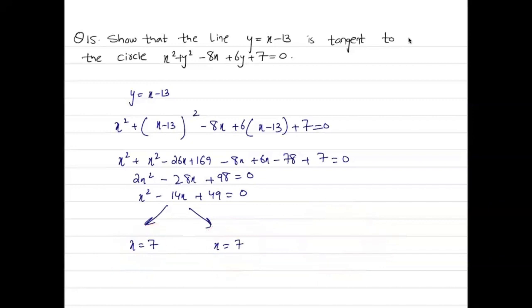The other way is that instead of solving this equation, you apply the discriminant over here. Discriminant is b squared minus 4ac. Calculate the discriminant of this equation. b squared minus 4 times a times c. Are you getting 0? Check it out.